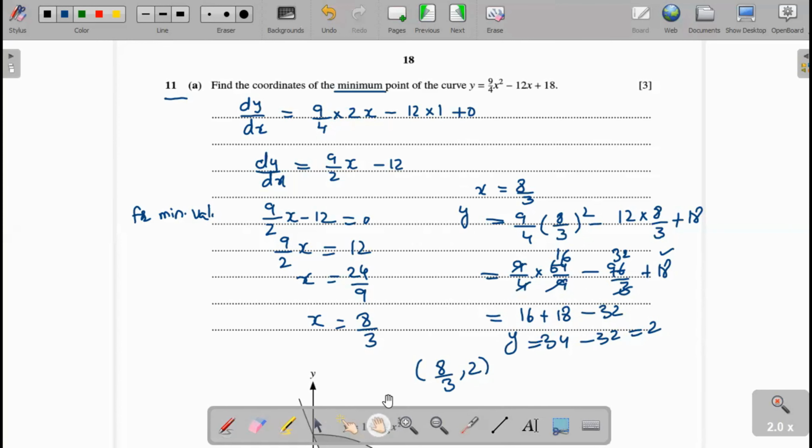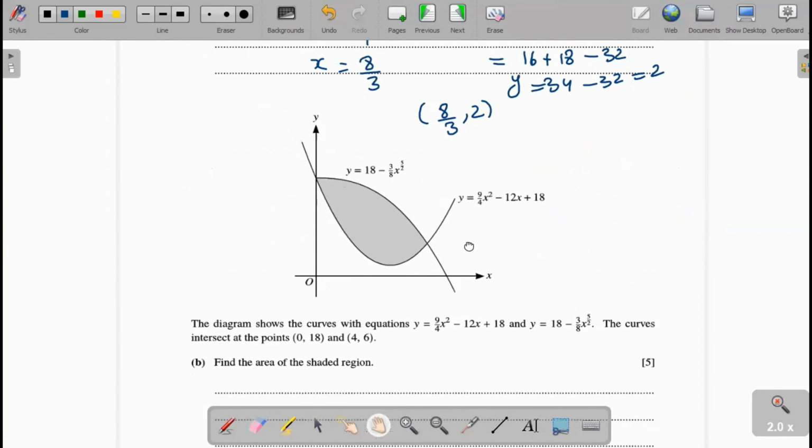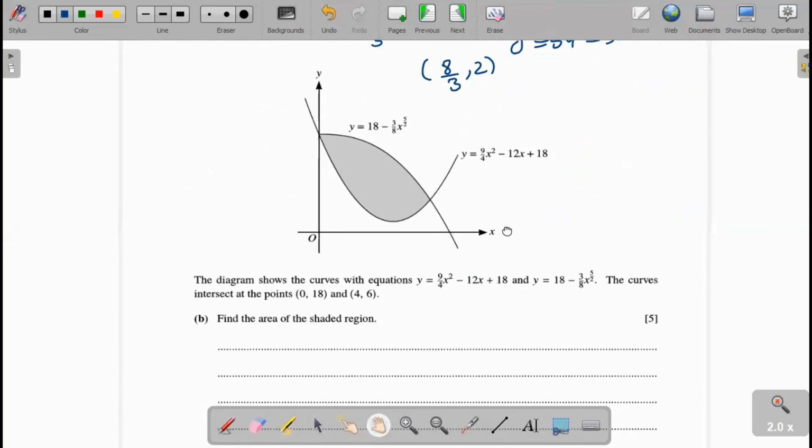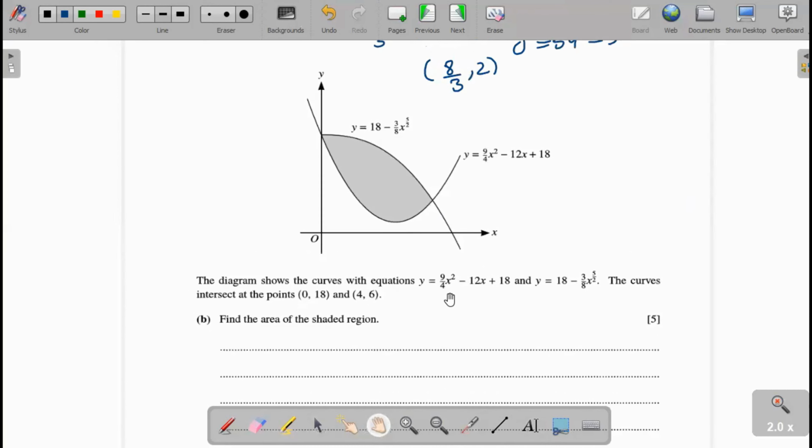Now next part of this question. You see here, this is the graph y equal to 18 minus 3 over 8 x power 5 over 2, and y equal to 9 over 4 x square minus 12x plus 18. The diagram shows the curve with equation y equal to 9 over 4 x square minus 12x plus 18 and the same as y equal to this.